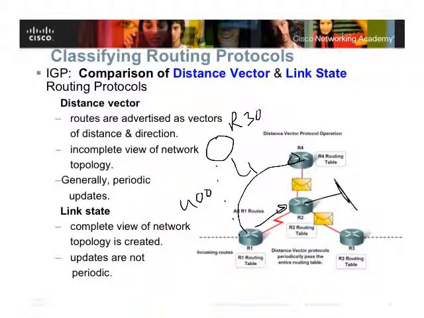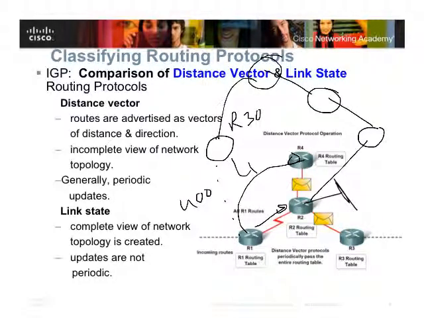But how is R2 connected to R30? I don't know, and I don't need to know. Maybe R2 is connected to another router, which is connected to another router, which is connected to R30. I don't know all this.